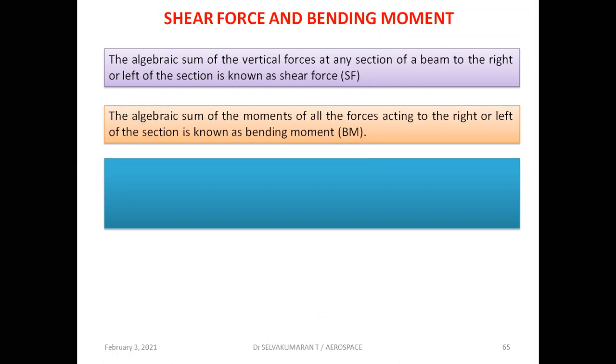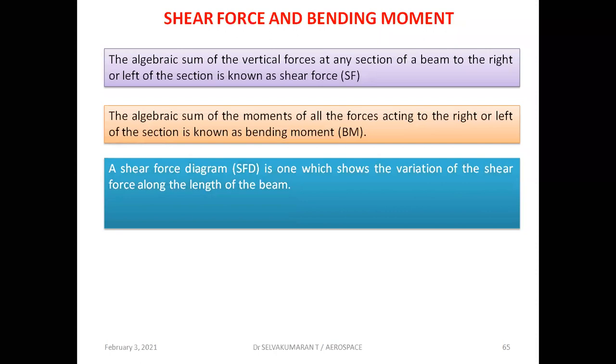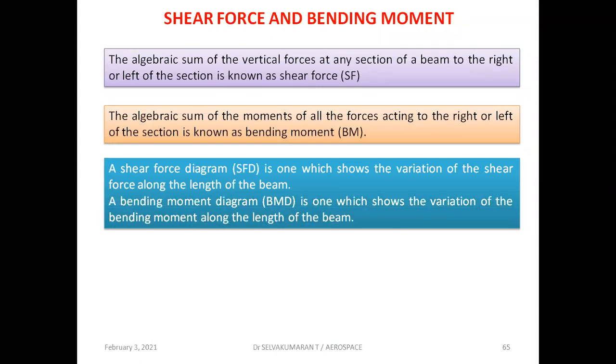The algebraic sum of the moments of all the forces acting to the right or left of the section is known as bending moment, represented shortly by BM. A shear force diagram is one which shows its variation along the span or length of the beam. The bending moment diagram, BMD, also shows the variation of the bending moment along the length of the beam.